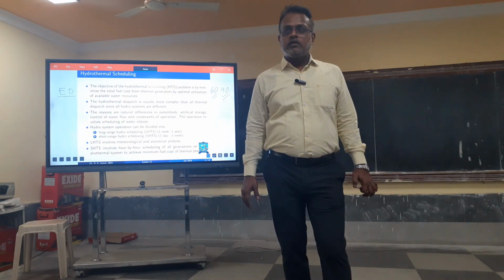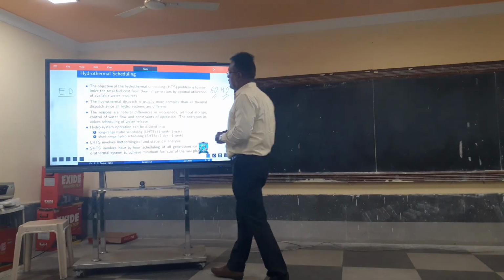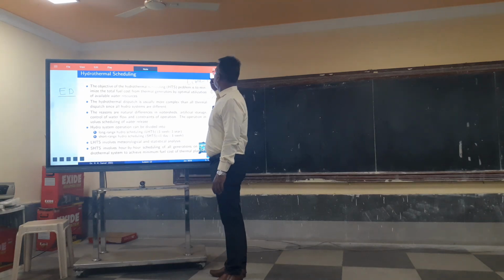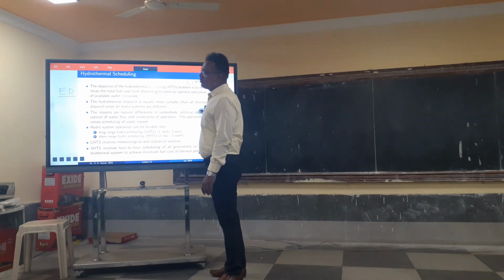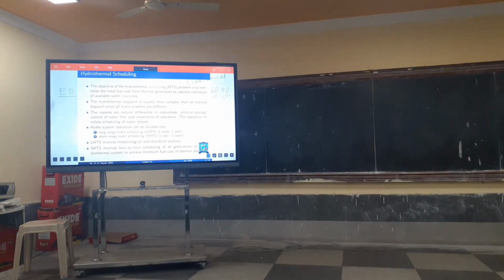The other aspect is time period. For example, we have seen that for thermal power plants we do scheduling on an hourly basis. We say rupees per hour, something like that. But a hydropower plant cannot be scheduled on an hourly basis.